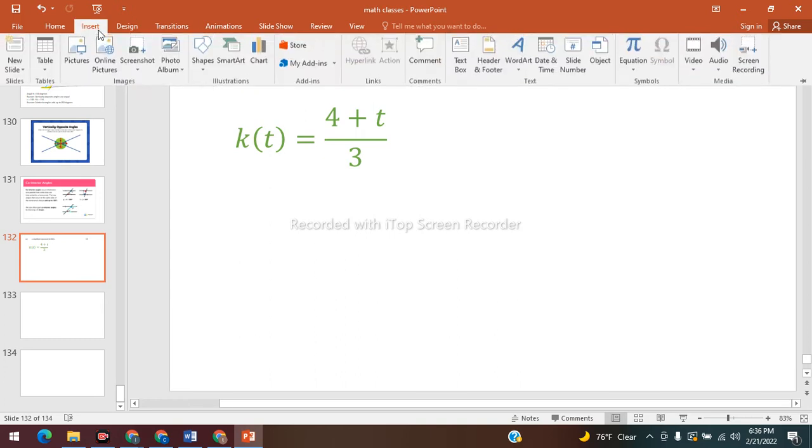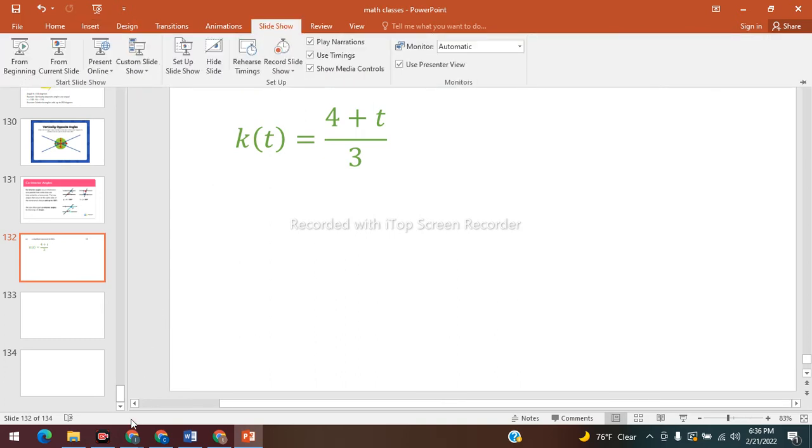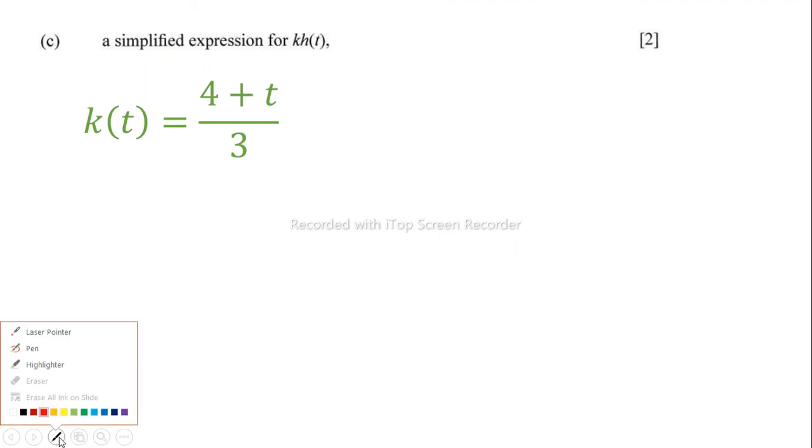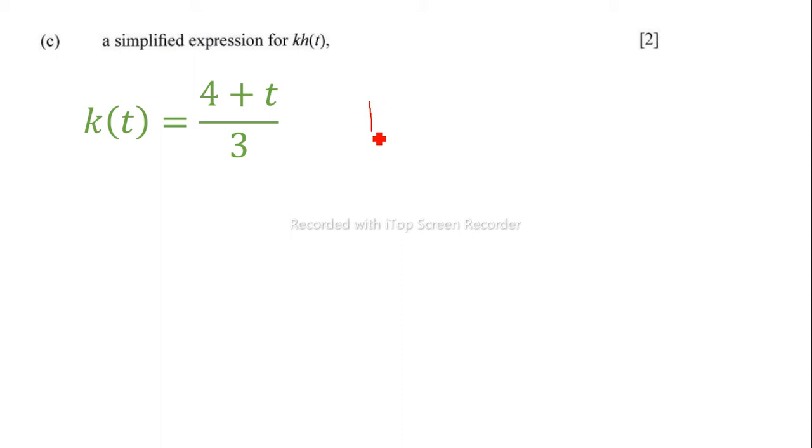We represent the inverse as K inverse of T. So the question they're asking us is, how do we figure out what is K inverse of T? Okay, that's the basic idea.